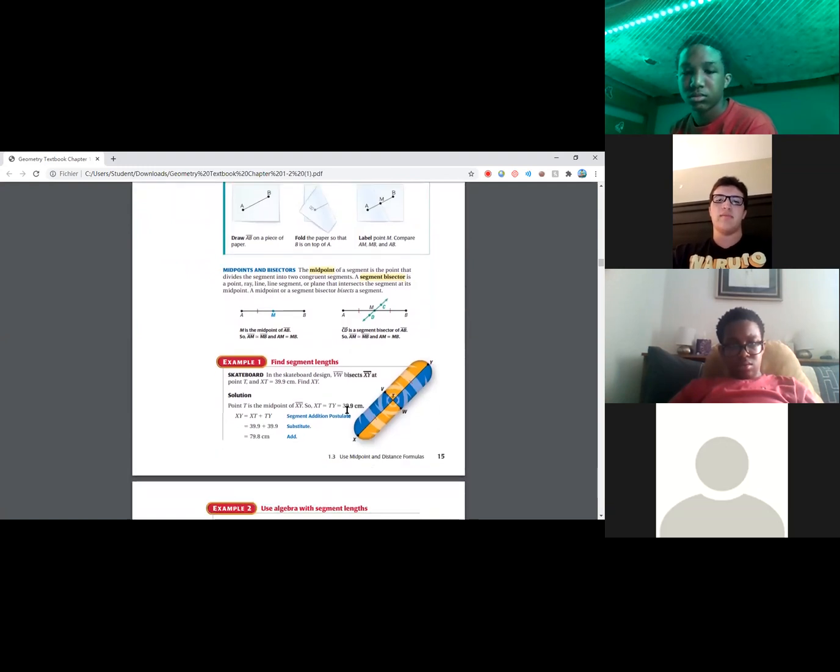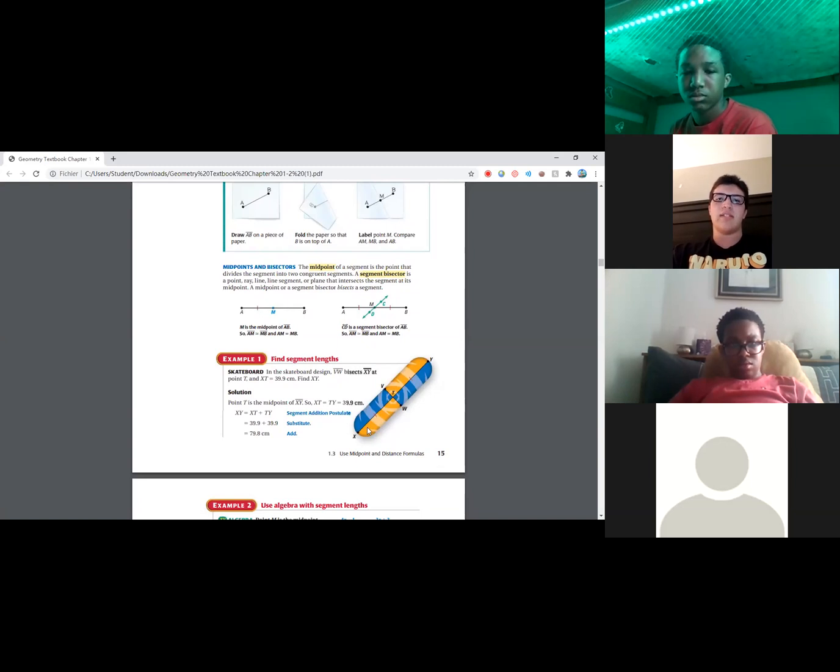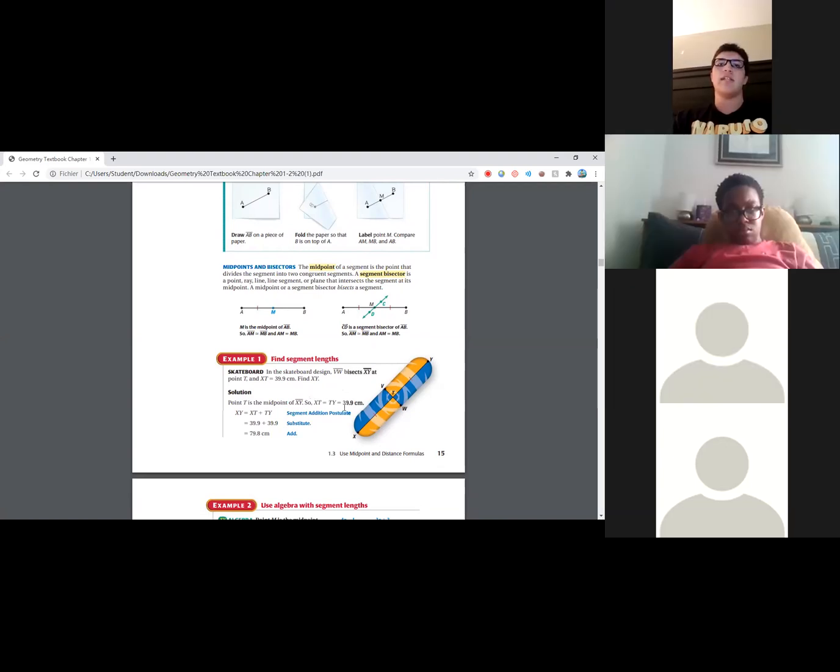And so, let's see. Okay, so here it asks you to find. Okay, yeah, it tells you the length of XT, and you know XT is the same length as TY. So when it asks you to find the length of XY, you just multiply that distance by 2. That's what they did.